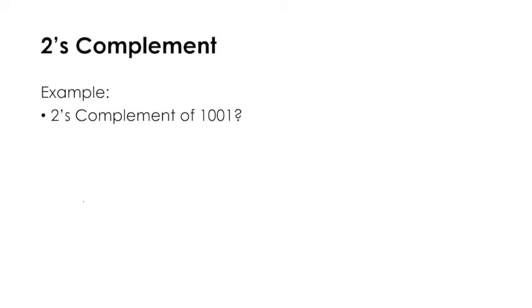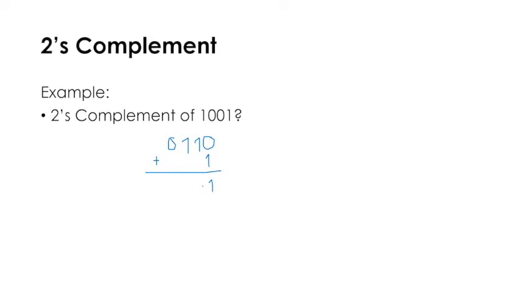Let's get the twos complement of 1, 0, 0, 1. The ones complement of this will be, invert the number, 0, 1, 1, 0. And to get the twos complement, we will add 1 to the ones complement.